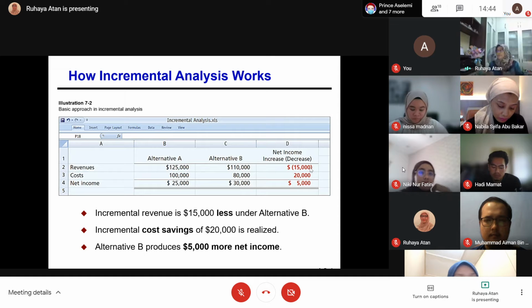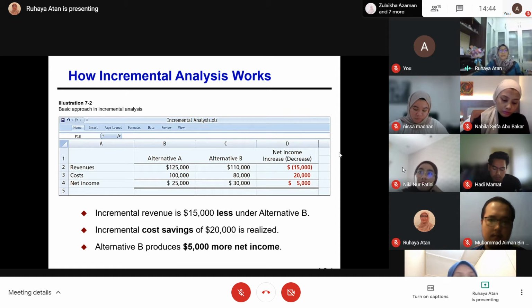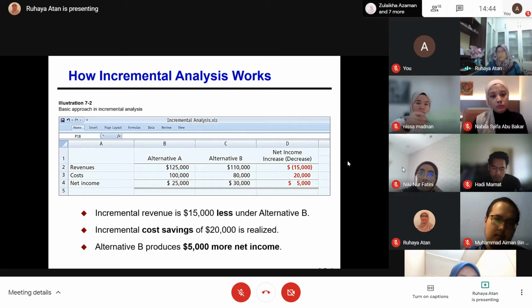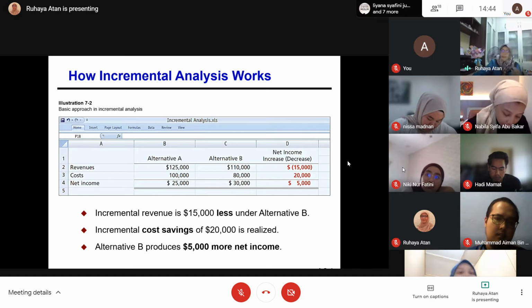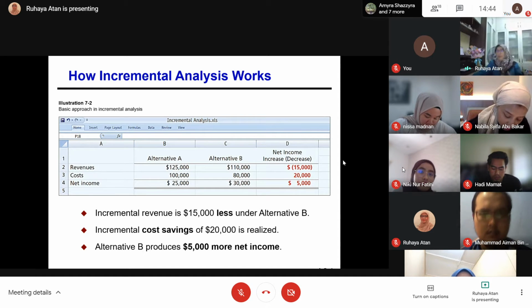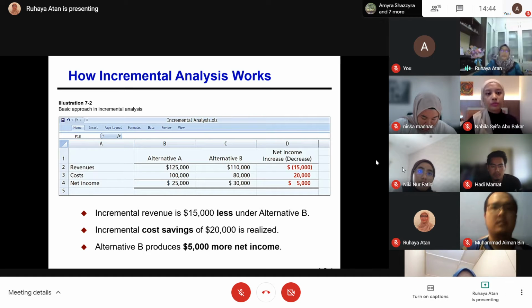Right. So it is about comparing the alternatives. This is a very basic, standard case, without buy or sell or make or buy, where you have two alternatives.